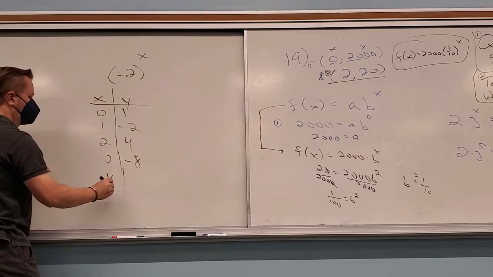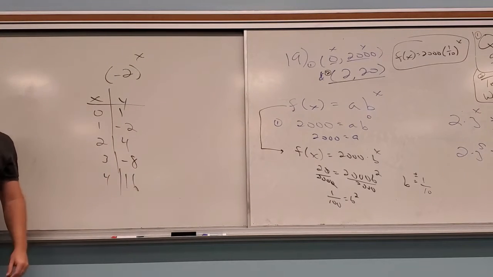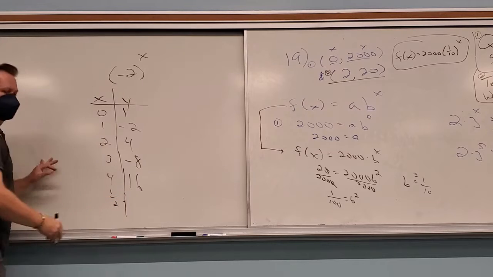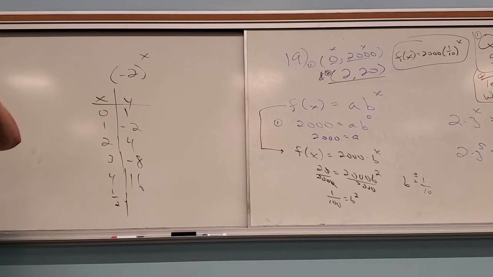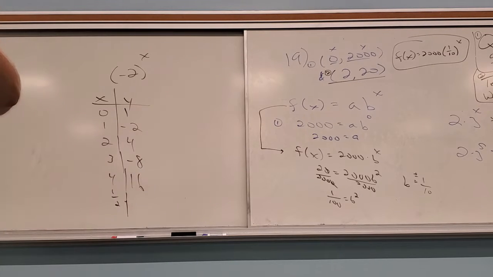Negative 8. 4. It's like bum, bam, bam, bam, bam, right? In fact, what do I get when I put a 1/2 in there? What does a 1/2 power mean again? 1/2 power means what? Square root.